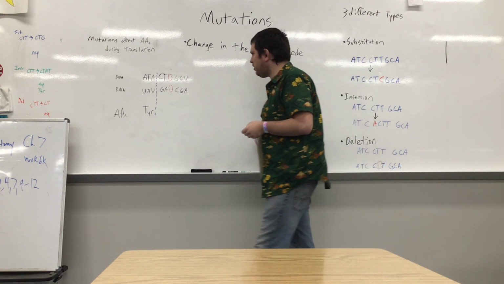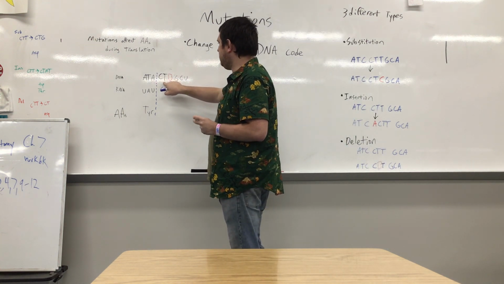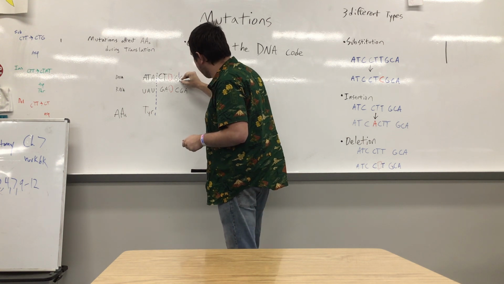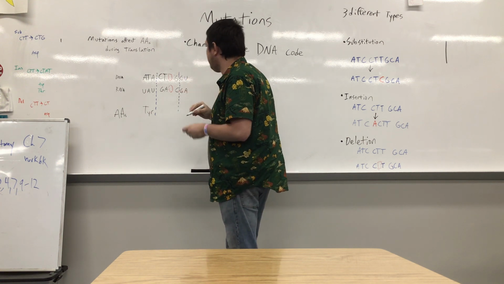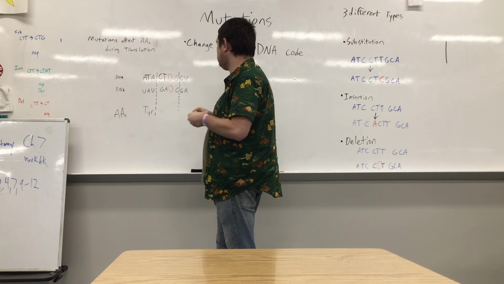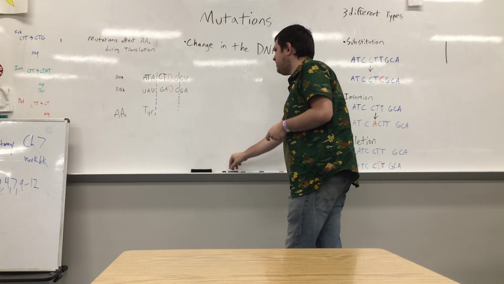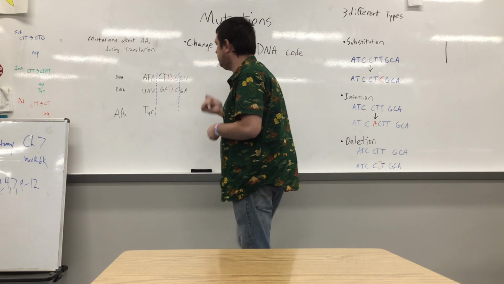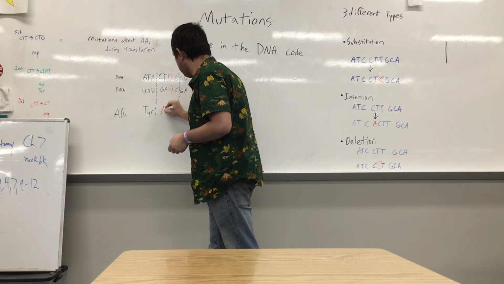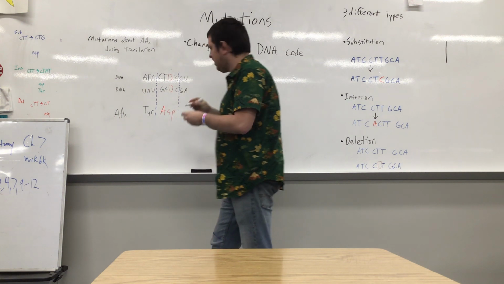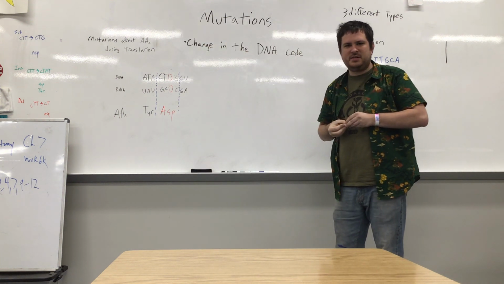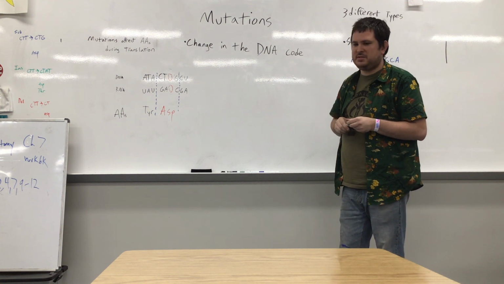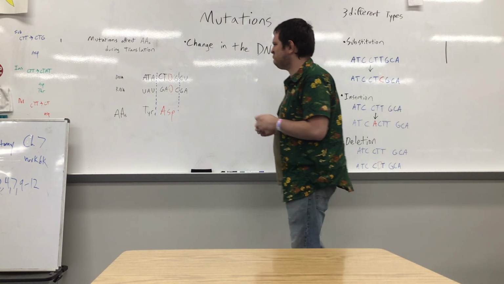So now where we draw is we go C, T, but there's no letter here, so we now must draw our codon here. And that codon, this color, gives us aspartic acid. It just happens that all of our changes result in aspartic acid here.